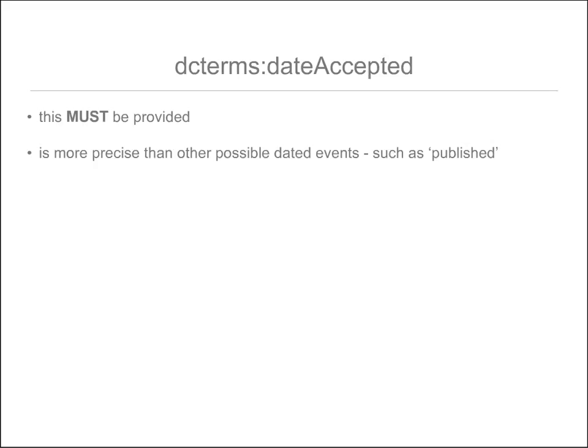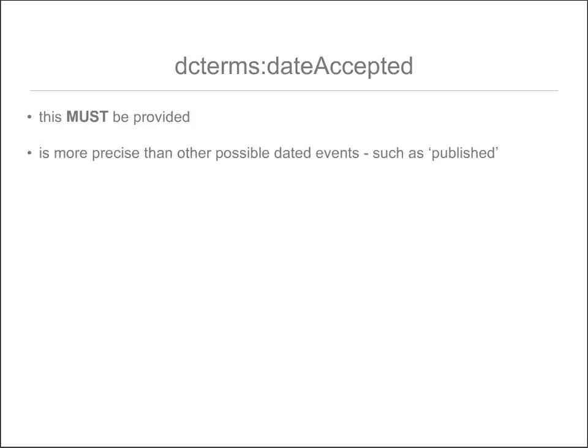DC terms date accepted. The accepted date turns out to be a very important date in this use case, in many ways much more important than the published date, and actually a more clearly identified date than published. Just trying to define what's meant by the publication date for a journal article is actually quite an interesting challenge.